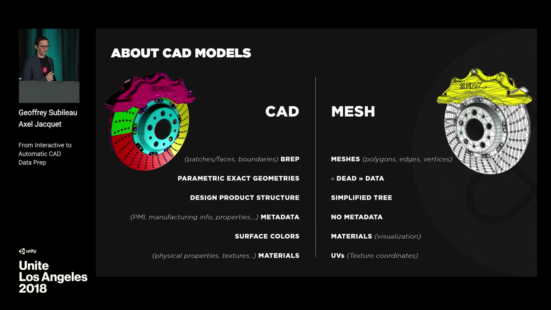Thank you, Jeff. So before even presenting our solutions in more detail, let's take a minute to talk about CAD models and how they are different from classic tessellated models, like meshes, usually created in DCC tools like Maya, 3ds Max, Blender, any DCC tool.